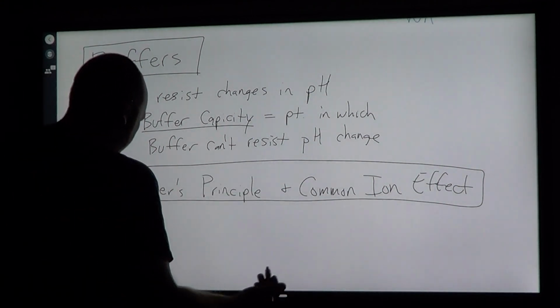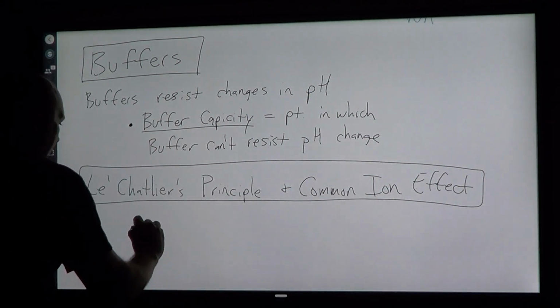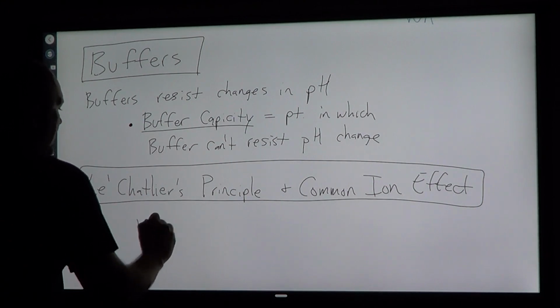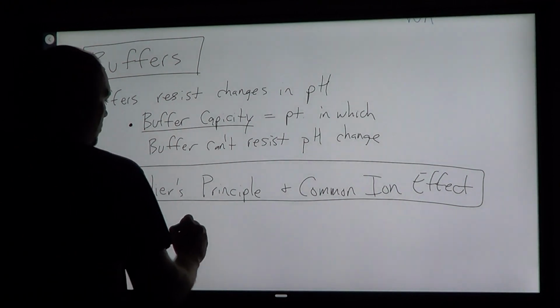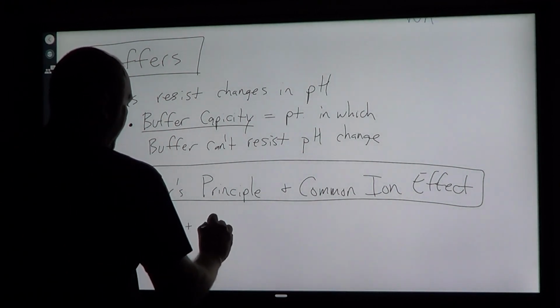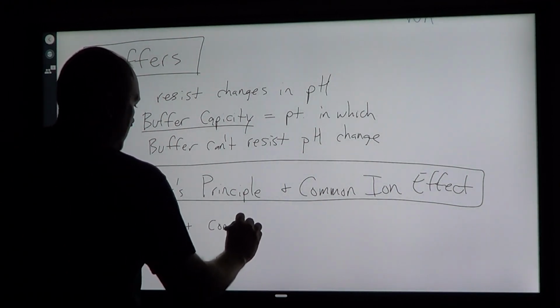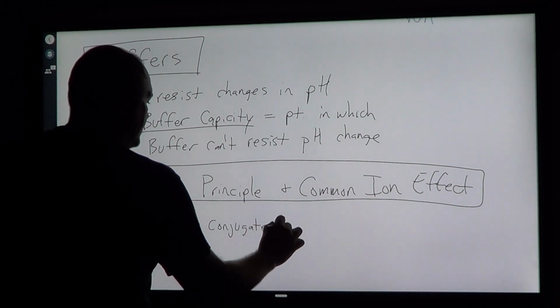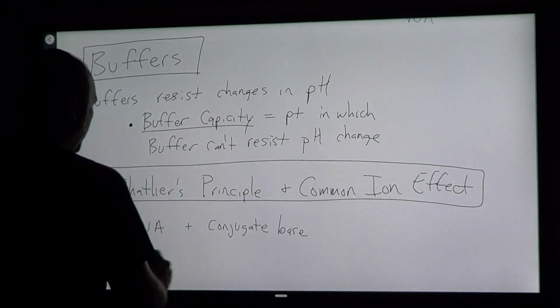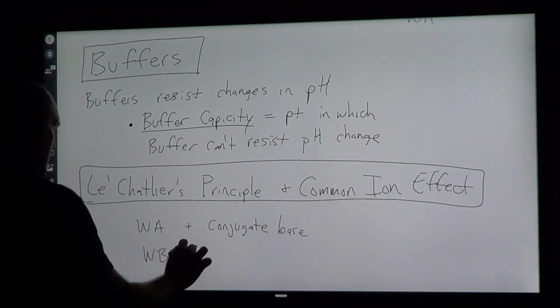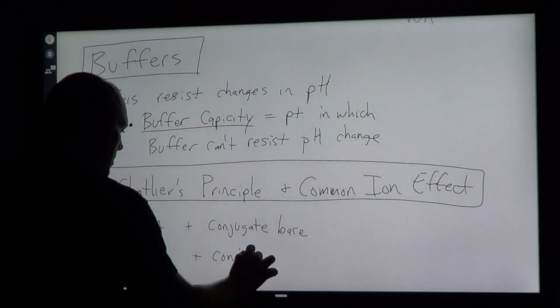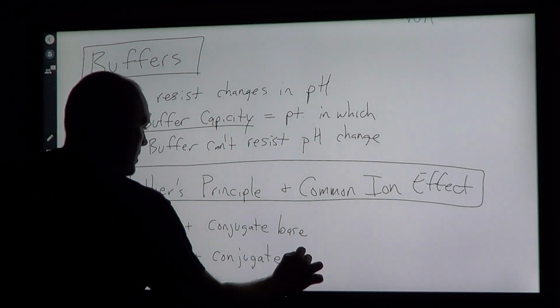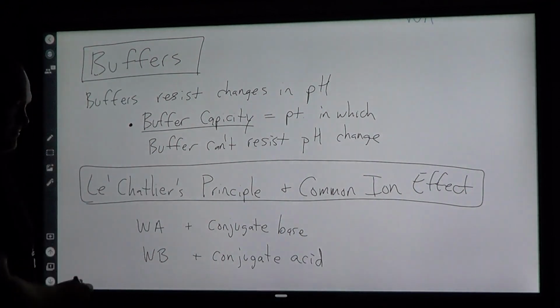So what a buffer is, you've either got to have a weak acid mixed with a salt that contains the conjugate base, or you need to have a weak base and a salt that has the conjugate acid.